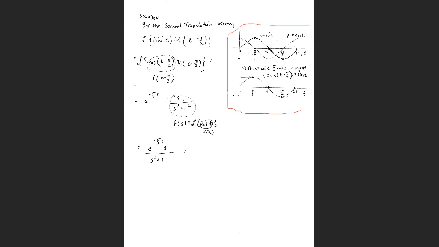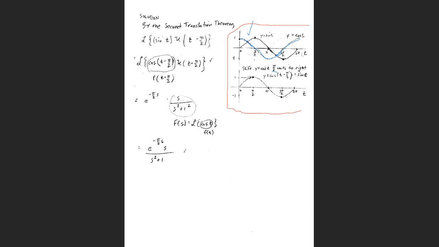If we were to take the cosine of t based on this picture and shift it pi over 2 units to the right, then just think about taking this cosine of t function and moving it 90 degrees to the right.